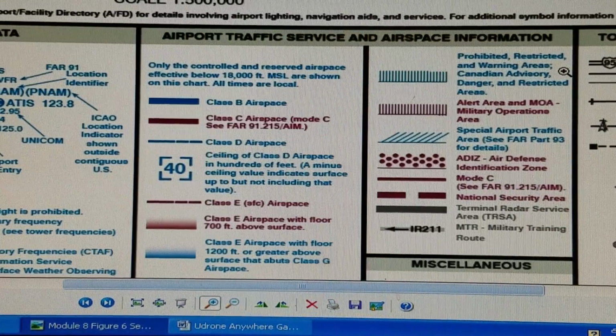What we need not to get confused about is that Mode C does not directly relate to airspace classification, as we learned.